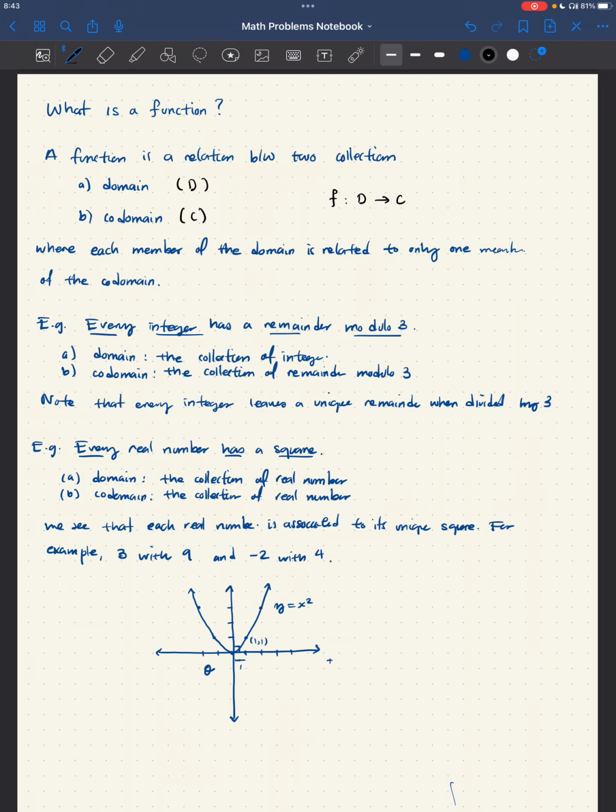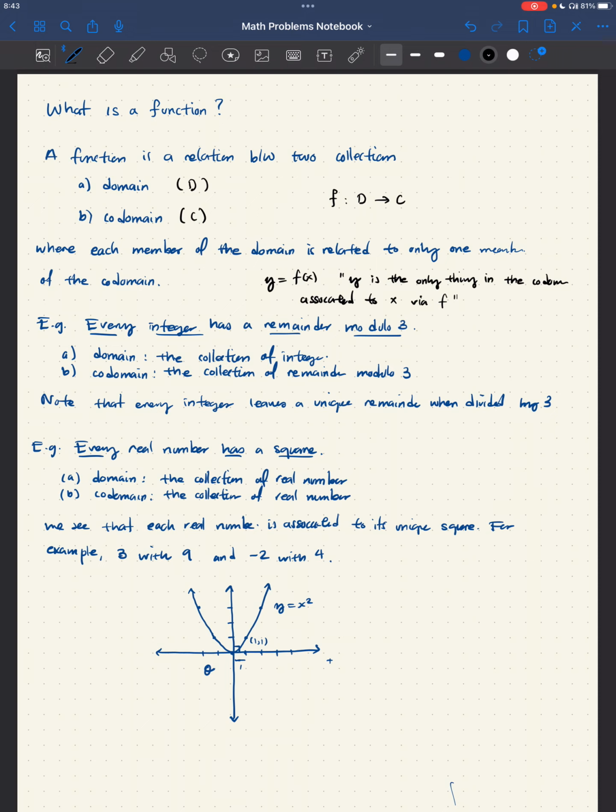Now, we would also write y equals f of x, which is the shorthand to say y is the only thing in the codomain associated to x via f.